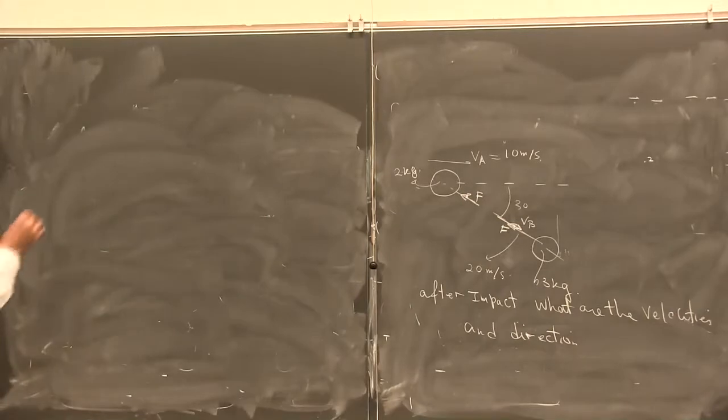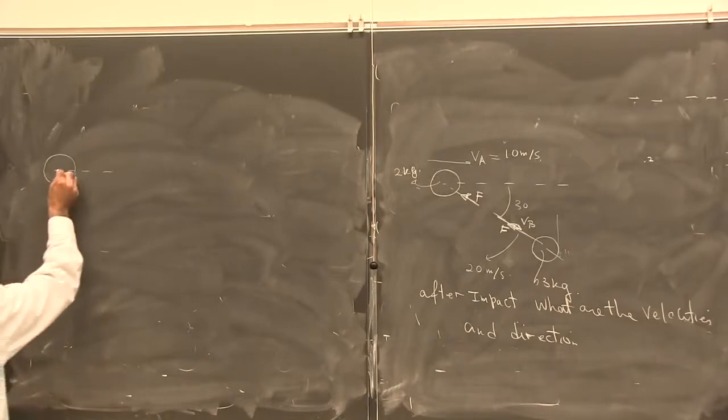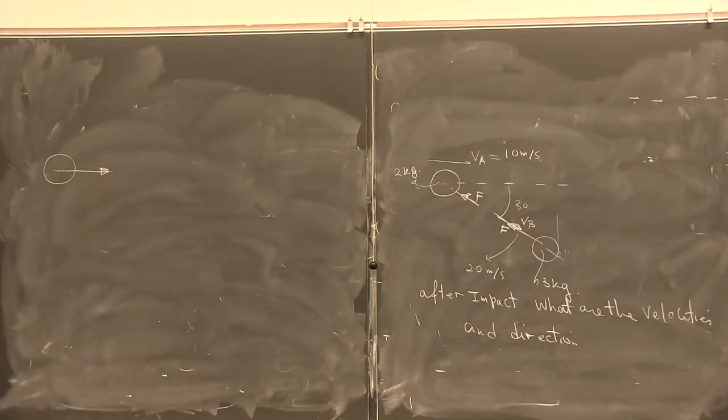So for particle number 1, what is my momentum? My momentum was in this direction, and that's 2 kilogram times 10 meters per second.